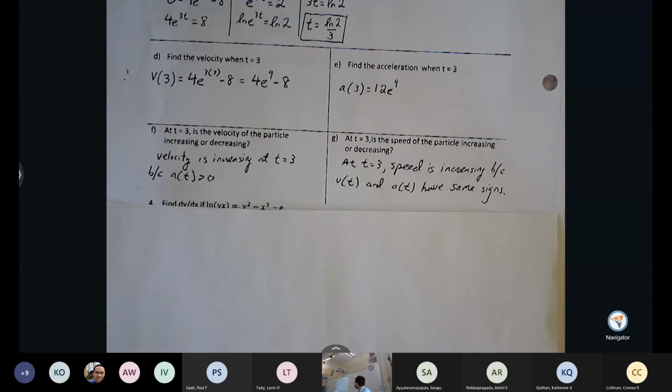Okay, so you know what to expect for your particle motion problem, right? Okay, anybody still need this? Good.